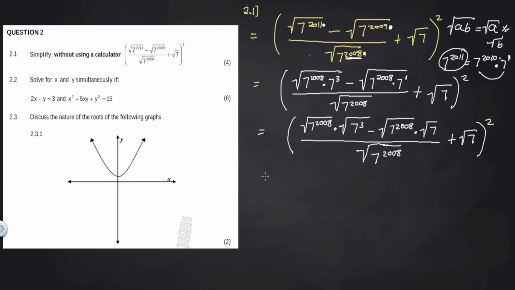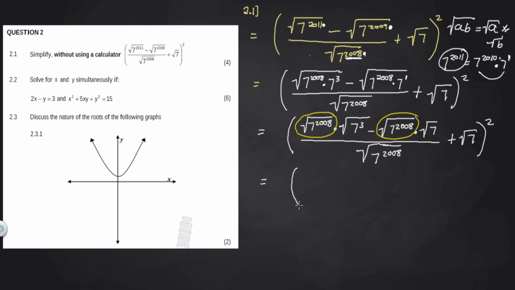Multiplied by the square root of B. After breaking and separating our square roots, you can see that square root 7 raised to exponent 2008 is now a common factor.